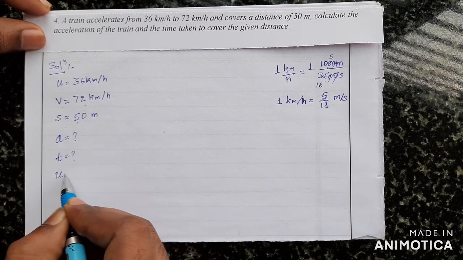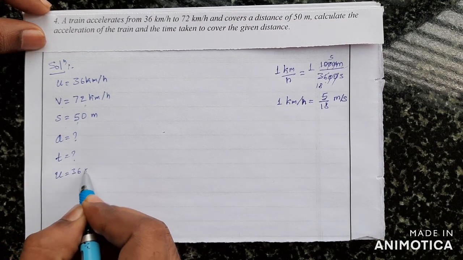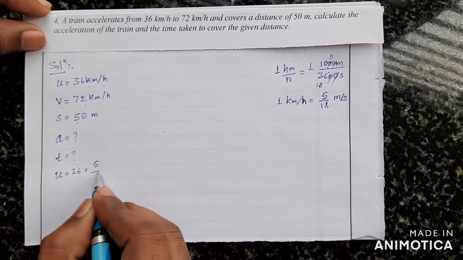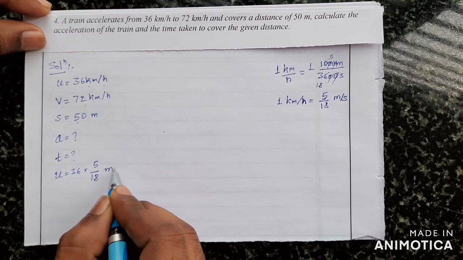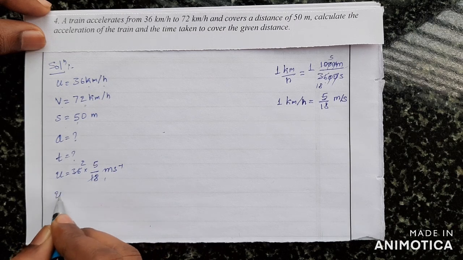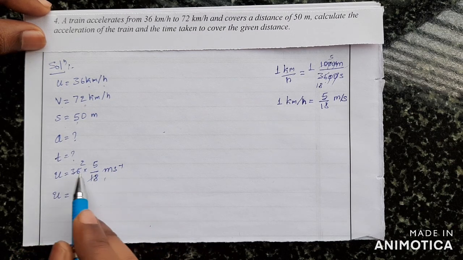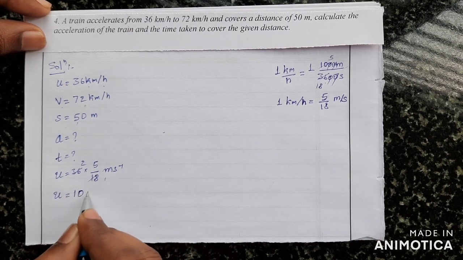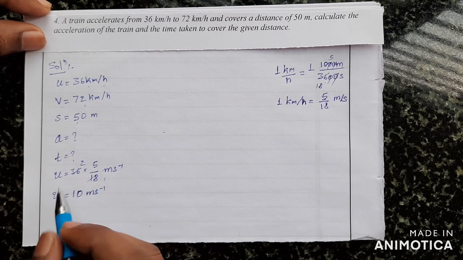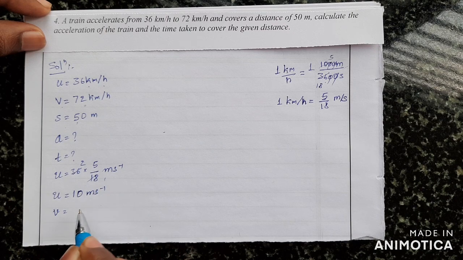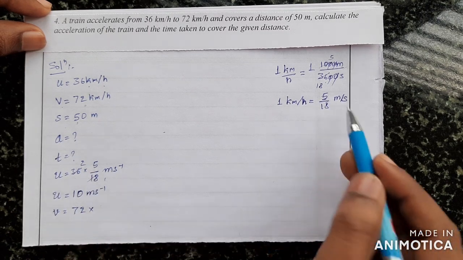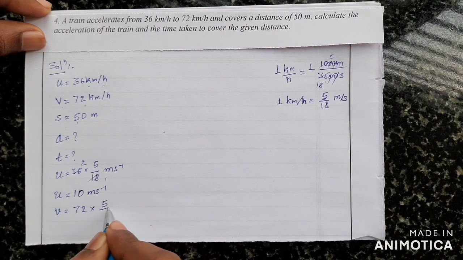So u becomes 36 into, instead of kilometer per hour, 5 by 18 meter per second. 18 ones are 18, 18 twos are 36. So u, the initial velocity in meter per second, is 10 meter per second. And then how about v? V is 72 kilometer per hour. 72 into 5 by 18 meter per second.